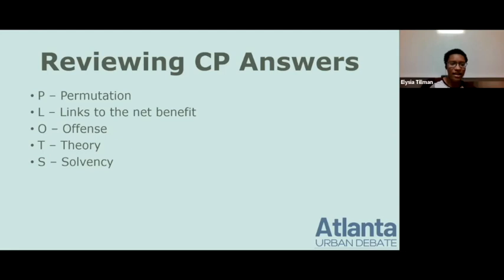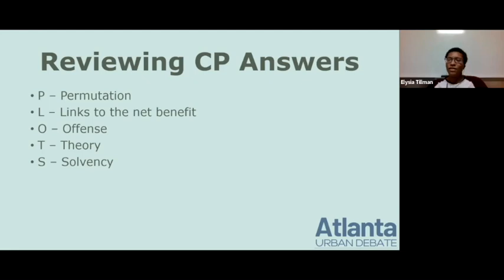The fourth thing, and I really don't want y'all to get too bogged down in this, is theory. Theory arguments get into not the actual arguments and what they're saying, but more which arguments are good or bad for debate as an activity. So theory arguments would say, oh, the kinds of arguments that the other side has made are bad for debate in some way, usually that they are bad for education or bad for fairness.